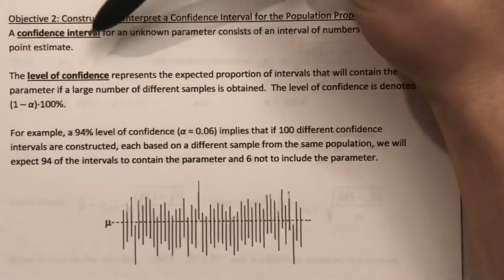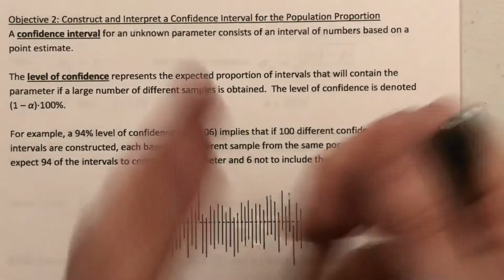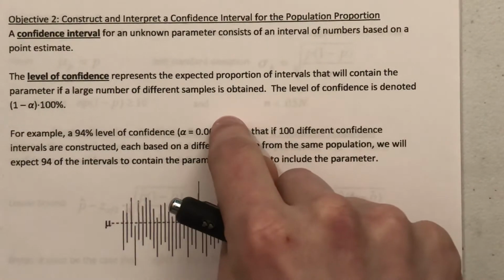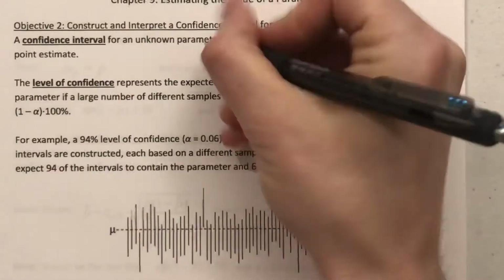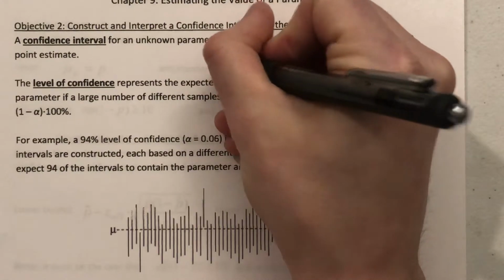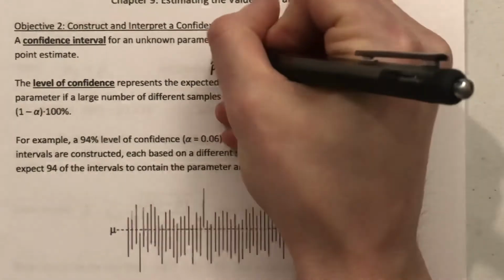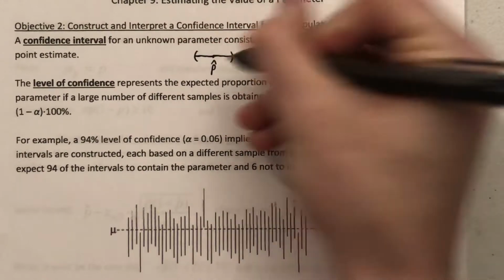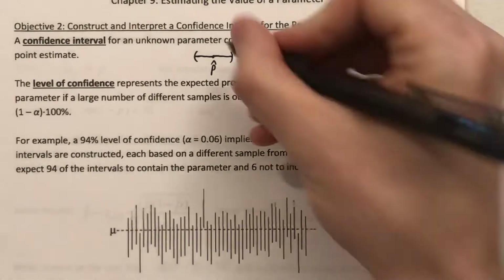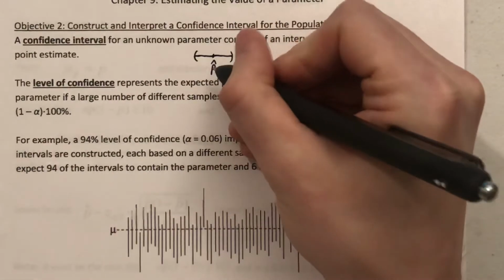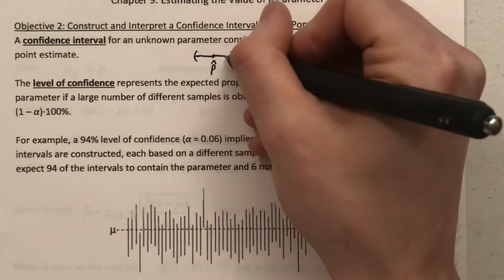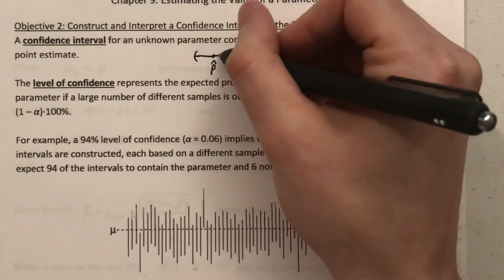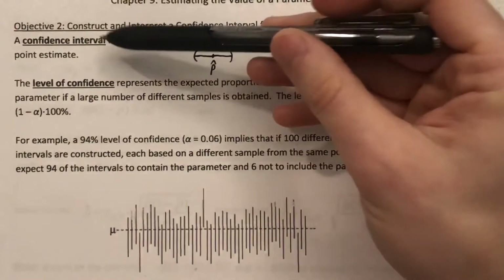But the idea is that we want to create an interval. An interval is this idea of being on either side of your point estimate. Your point estimate is a number, and you want to look around it. If this was the P hat we just found, it's a number. We're going to allow ourselves, if this is like a number line, to look a certain distance left and right of that one number. Because again, we don't expect that to be the number. But what about the possibility that the population proportion is near it, around it? That's the idea of a confidence interval.